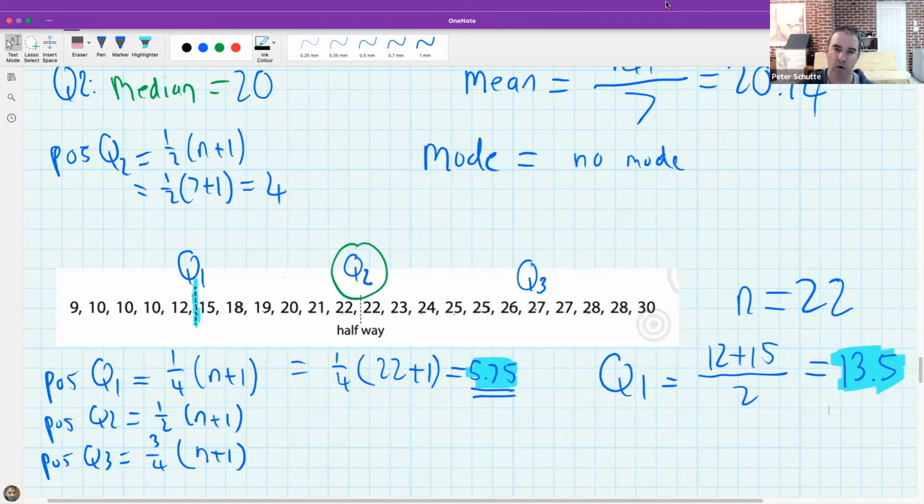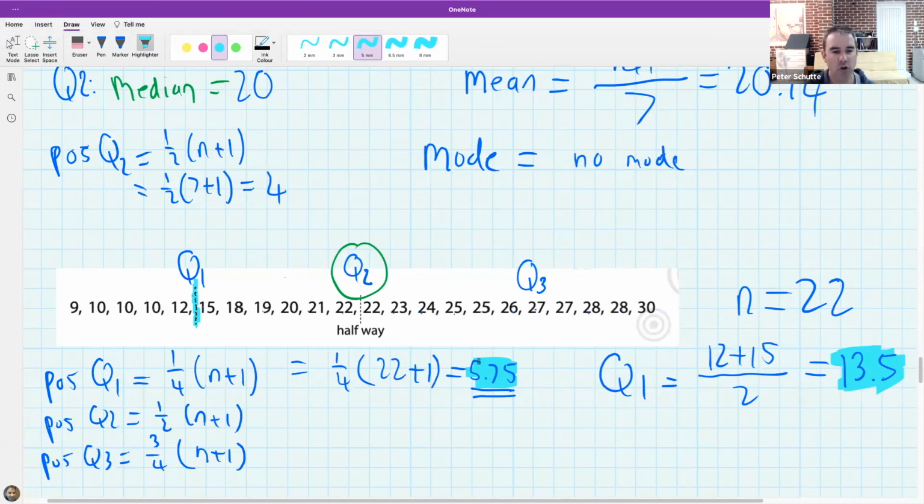So Dawn is asking, for example, if you got 5.75, shouldn't you go to the closer one, which is 15? And the answer is no. For the quartiles, you average it out. Yeah, so Kevin, even if it's 5.99, you would just average it out.